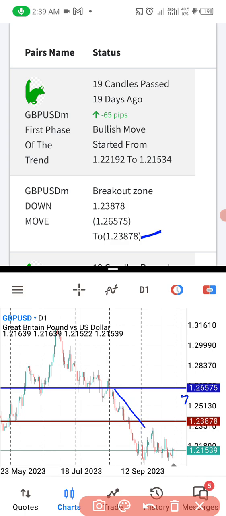Now the current market price is below this breakout zone. Before we can take a very sweet buy, price needs to move above this and give us an upward direction. Now if I need to draw a trend line, adding these dots to these dots, I should get something like this.